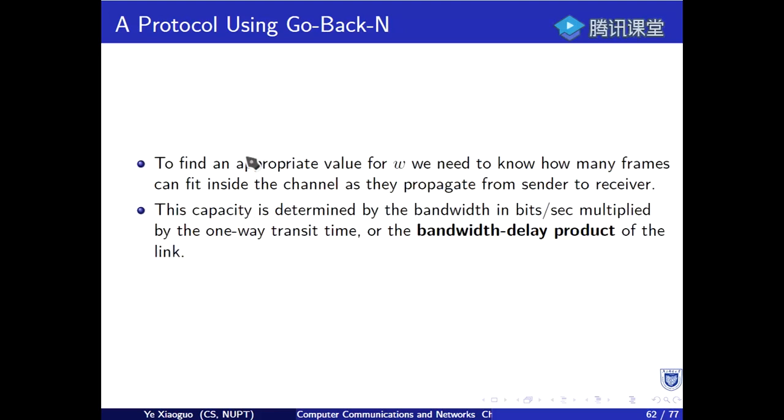To find an appropriate value for W, we need to know how many frames can fit inside the channel as they propagate from the sender to the receiver. This capacity is determined by the bandwidth in bits per second multiplied by the one-way transit time, or the bandwidth-delay product of the link.